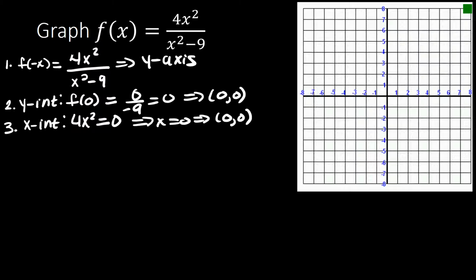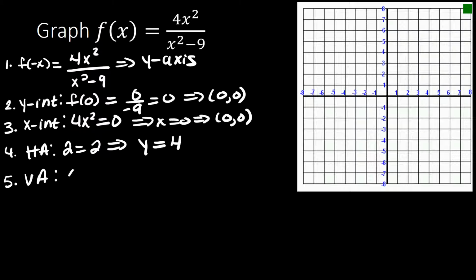So again, 0, 0 is my x-intercept. If I look for horizontal asymptote, the degree of the numerator is 2 and the denominator is 2. So y equals the ratio of leading coefficients, 4 over 1, which is 4. It's my horizontal asymptote.